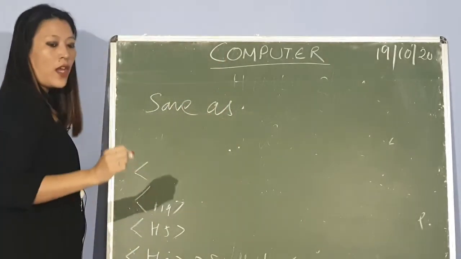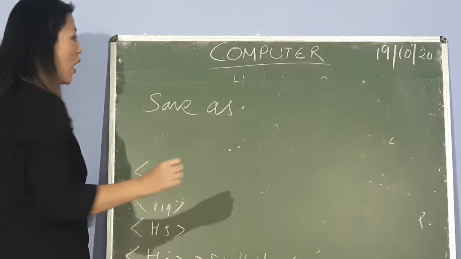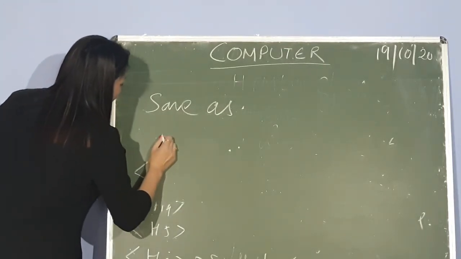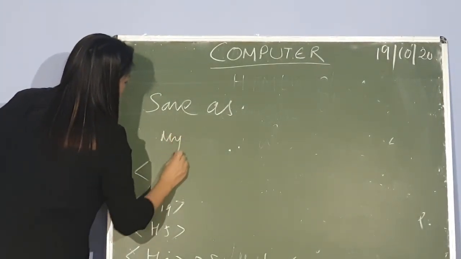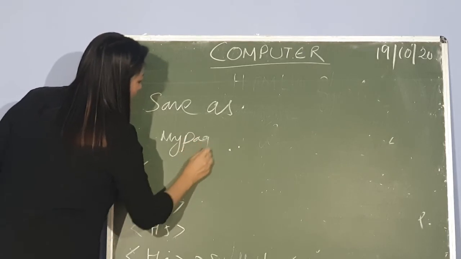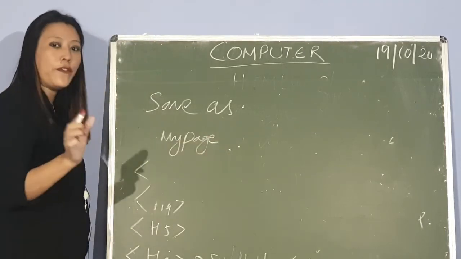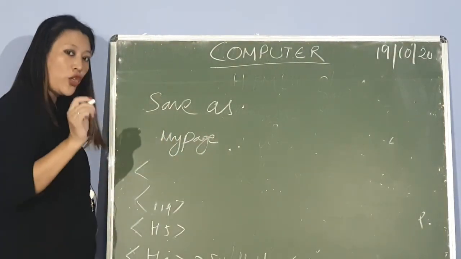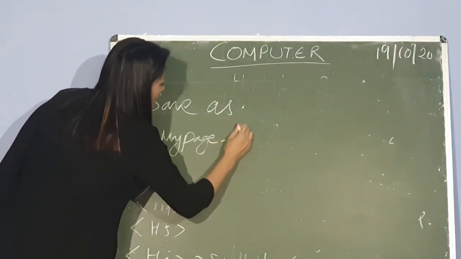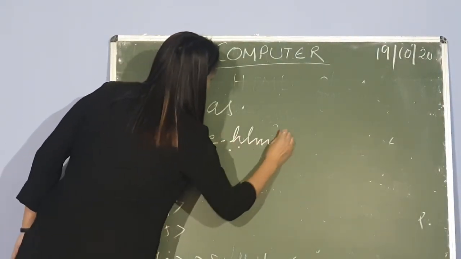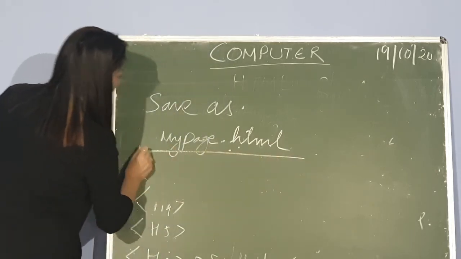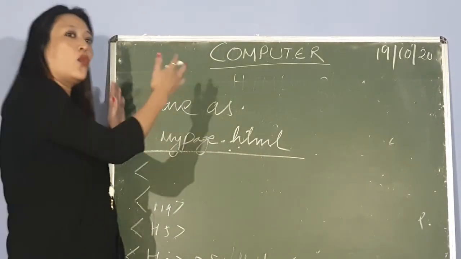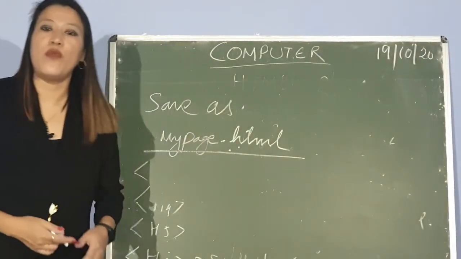When you are saving, you need to save as the web page. How will you save it? You have to save as my page. Any name you can give, but after you give your file name, make sure you write .html. After you write mypage.html, your notepad will be saved as a web page.